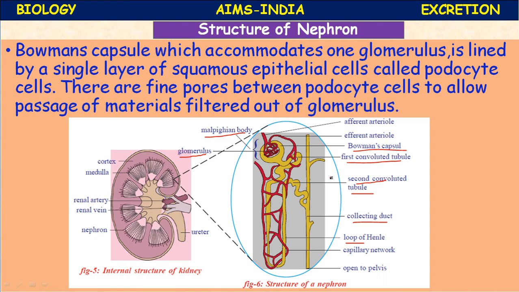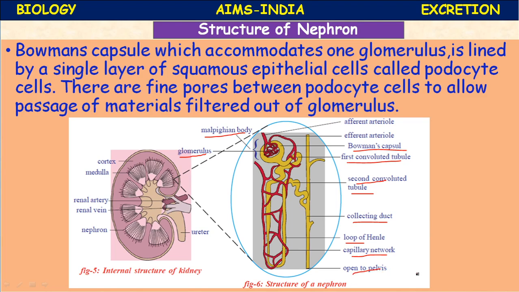So this efferent arteriole will form the capillary network. How many nephrons are there? More than 1 million nephrons, 1.3 to 1.8 million nephrons are present in each kidney. There are 2 kidneys. These nephrons, the tubular portion, finally open into the pelvis.